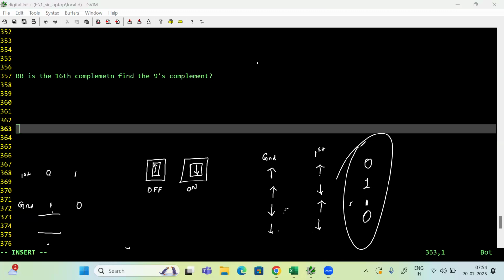The gate question was asked two times. Staircase lights work on which principle? Which gate principle? XOR. Make a note, because even in interviews they ask this question multiple times.